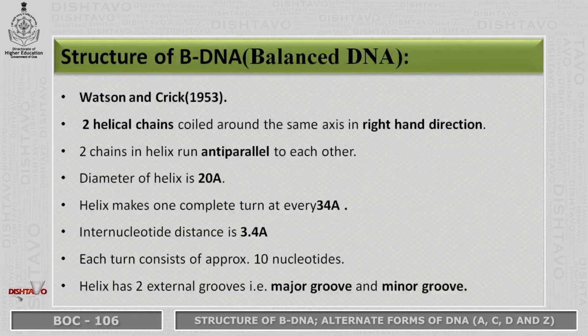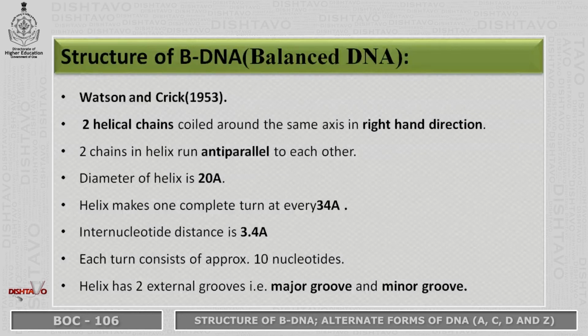Structure of B-DNA is also referred to as balanced DNA. This model was proposed by Watson and Crick in 1953. As per this model, DNA consists of two helical chains coiled around the same axis in the right-hand direction. Two chains in the helix run anti-parallel to each other.